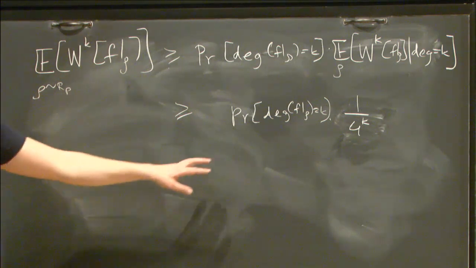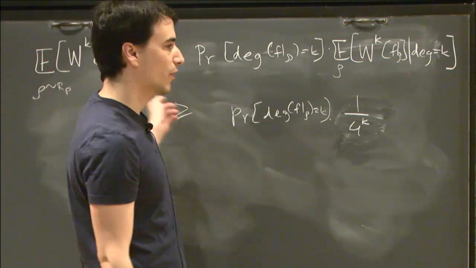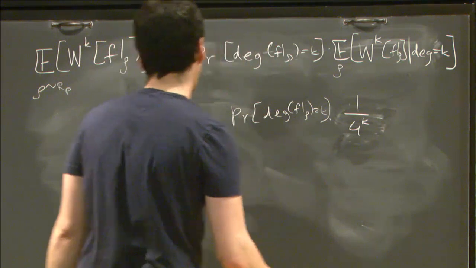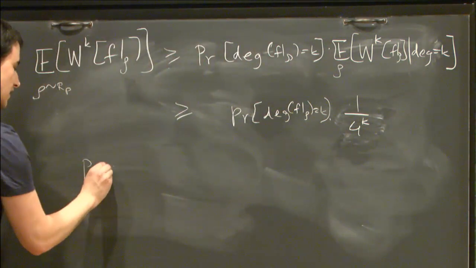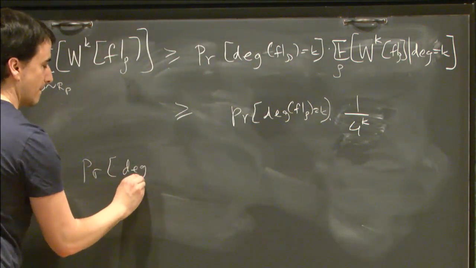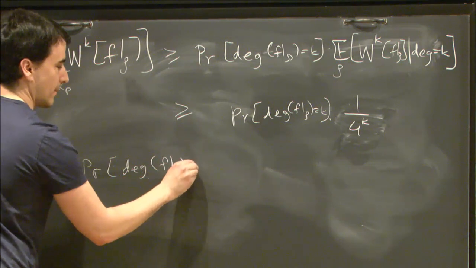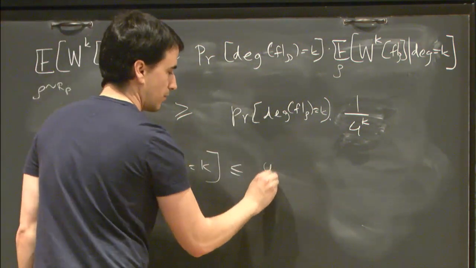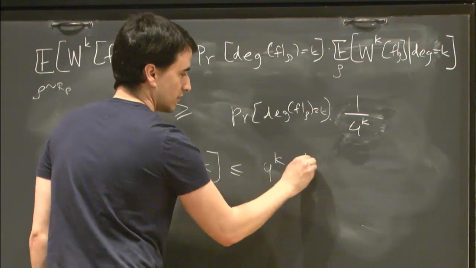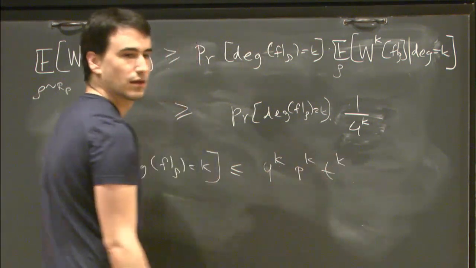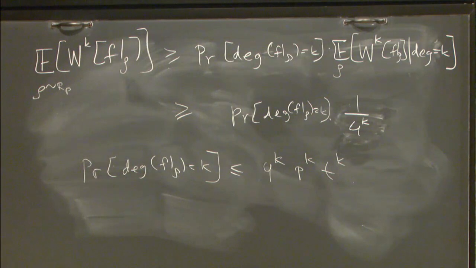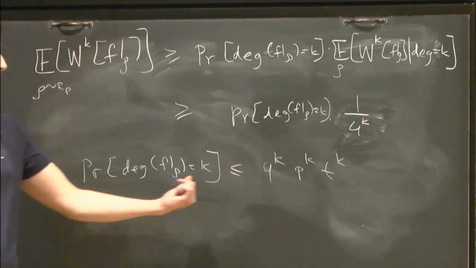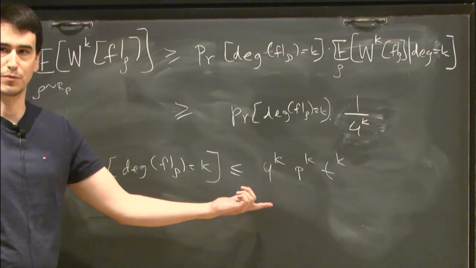And then we can take this lower bound and this upper bound and get from both of them that the probability that the degree equals K is at most 4 to the K, P to the K, T to the K. So from the moment bounds, we get the switching lemma property.